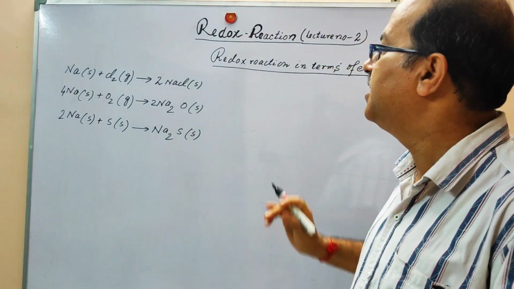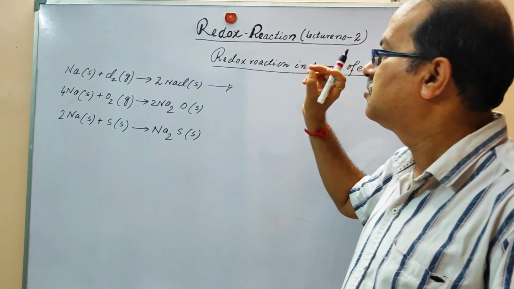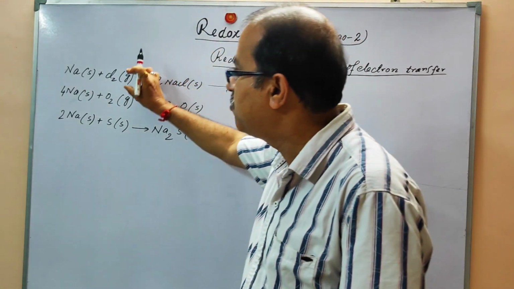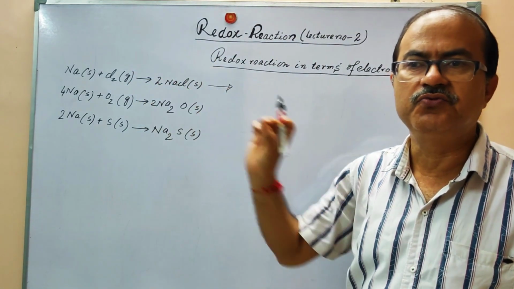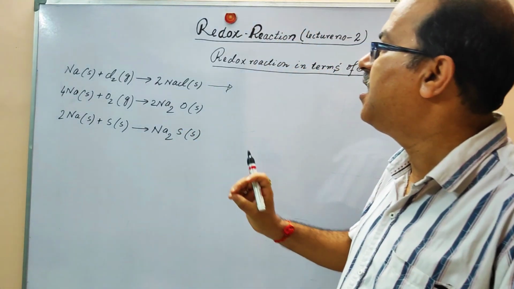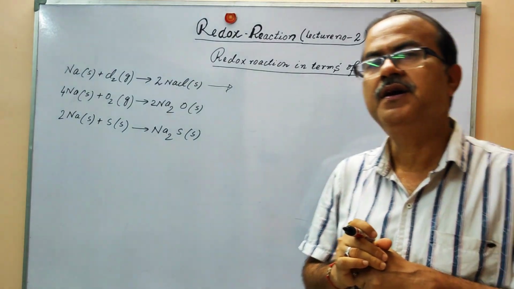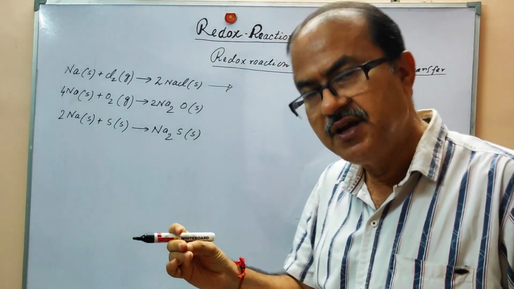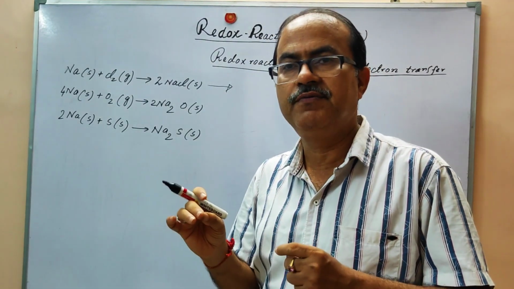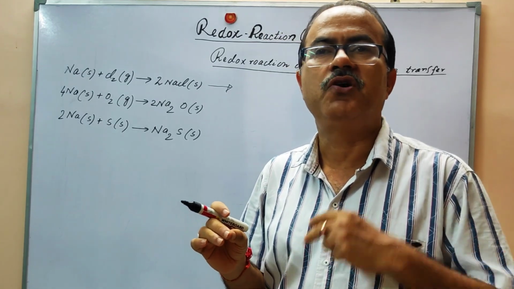You can easily understand. In the first one, you can see that the electronegative element chlorine is attached to sodium. In the classic idea of oxidation, what we find is that when there is the addition of an electronegative element to a substance, we call it oxidation.